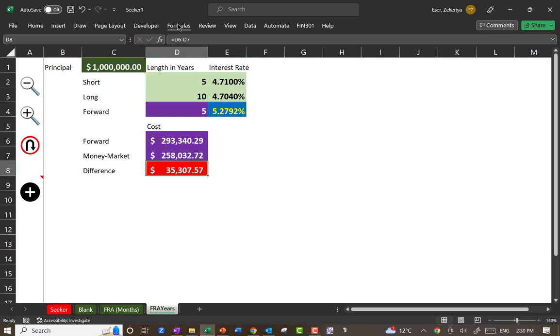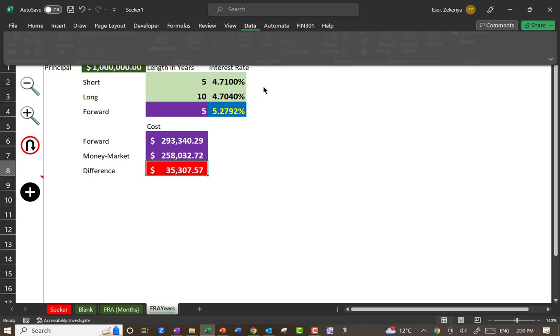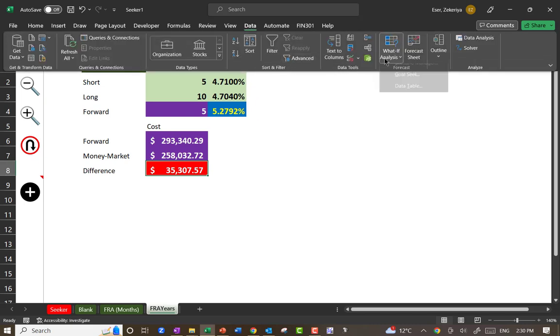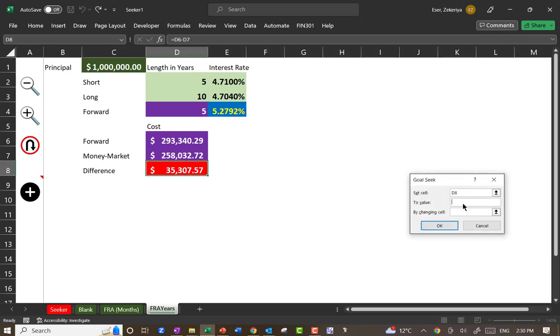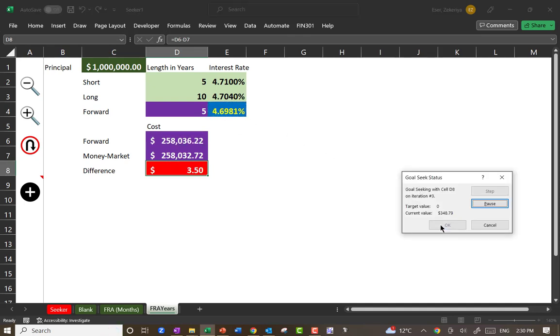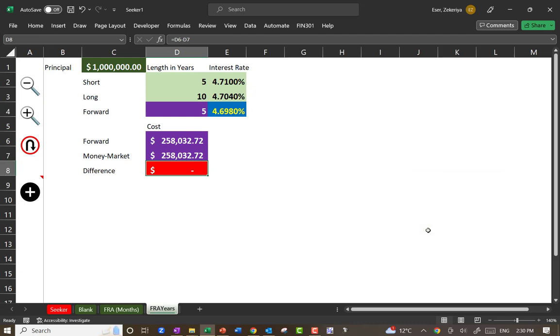And the forward rate is 4.698. Since the 5 and 10-year rates are close to each other, it's not surprising that the forward rate is close.